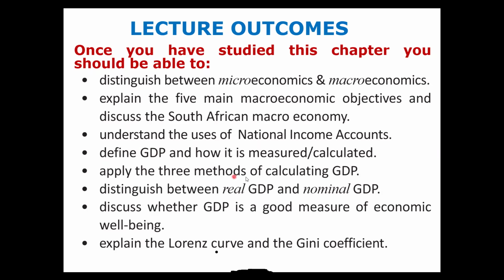Apply the three methods of calculating GDP, which are the income approach, the expenditure approach, and production or value added. You must also be able to distinguish between real GDP and nominal GDP, discuss whether GDP is a good measure of economic well-being, and explain the Lorenz curve and the Gini coefficient.